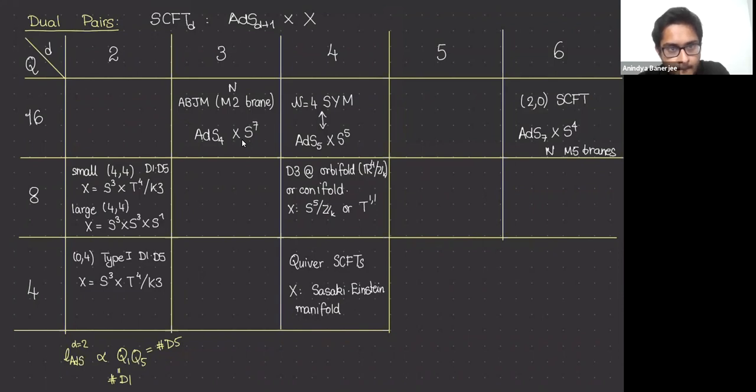The D2 brane theory has connections with the M2 brane theory because the D2 brane comes from the M2 brane in 11 dimensions. So there is a conformal fixed point of that theory, which is the M2 brane theory. Likewise, the D4 brane theory has connections with the M5 brane theory because the D4 brane comes from the M5 brane in 11 dimensions.